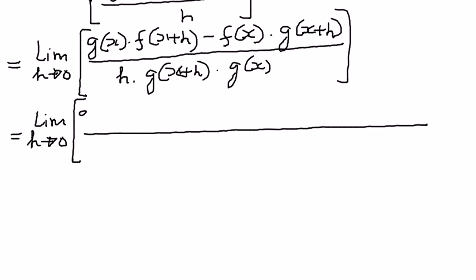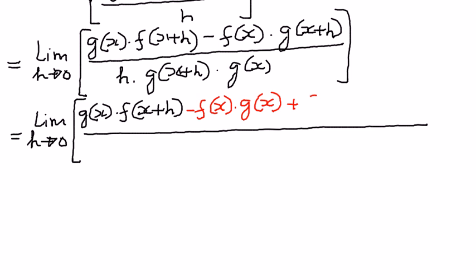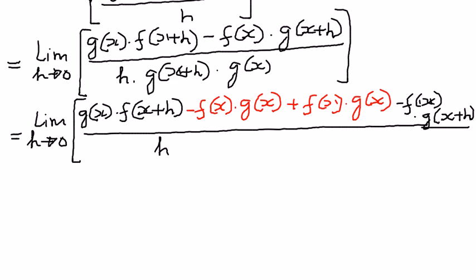We're going to write the first one, g of x times f of x plus h, and I'm going to introduce these new terms, minus f of x times g of x, and then add f of x times g of x, like that, and I'll go back to the black color, minus f of x times g of x plus h, like that, this whole thing divided by h times g of x plus h times g of x.